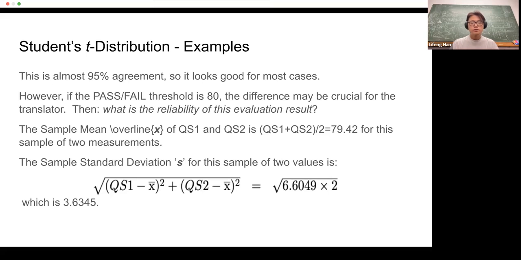Firstly, the sample mean overlap x of QS1 and QS2 is 79.42 for this sample of 2 measurements. And the sample standard deviation S for this sample of 2 values is 3.6345.